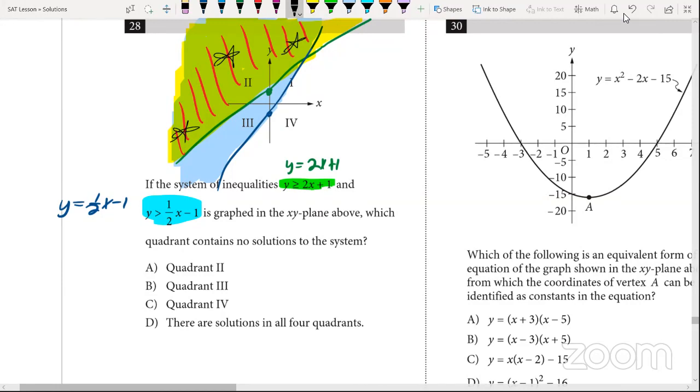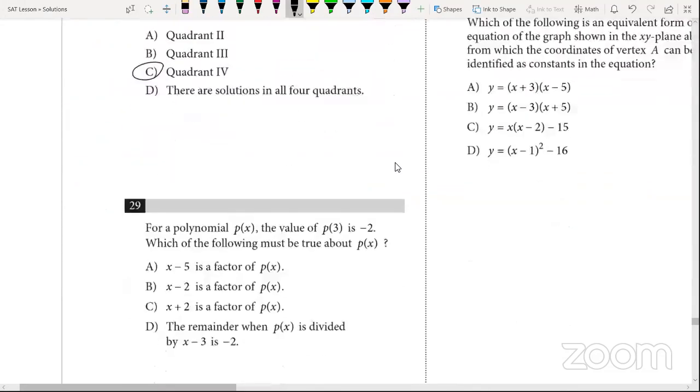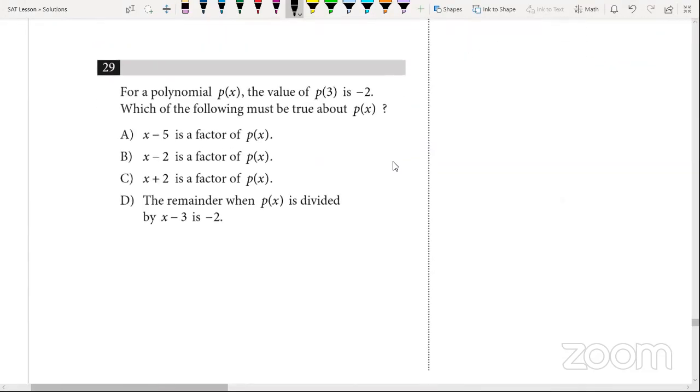But there's none of that dark green area taking place in quadrant 4, which is right over here. So which quadrant has no solutions? Quadrant 4. So that was number 28. And we've got number 29.